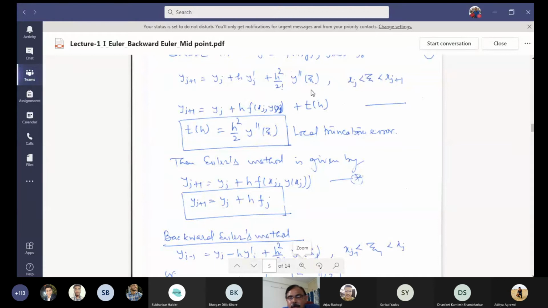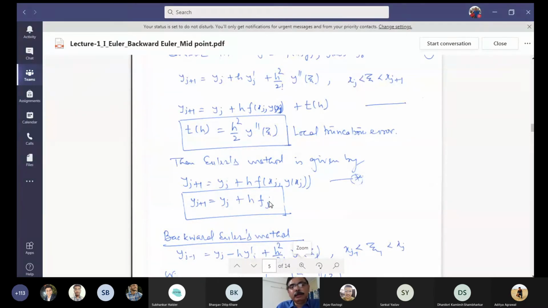Once you ignore this local truncation error, whatever you get will provide the numerical approximation to the solution at that particular point, meaning at xj, yj will be that value. So if local truncation error is included, that will provide the continuous solution.